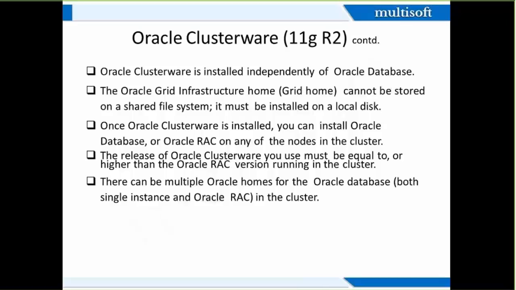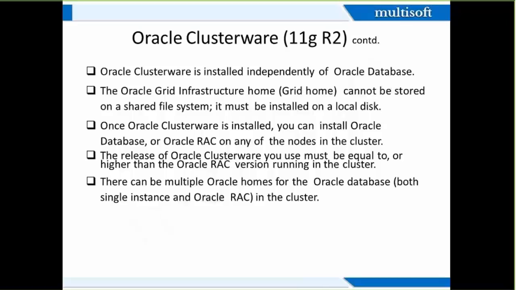Every node must have grid infrastructure installed individually. As we start on one node, automatically as part of the grid infrastructure installation or Oracle software installation, the same home will be copied to all the individual nodes.